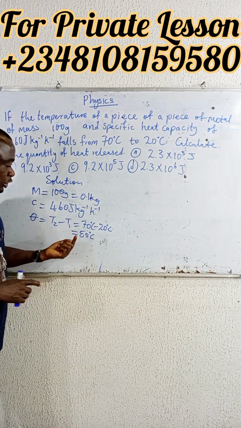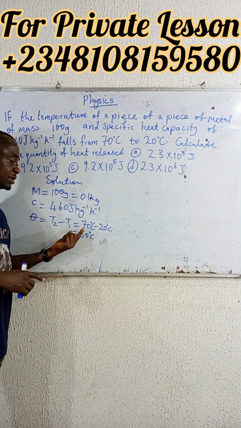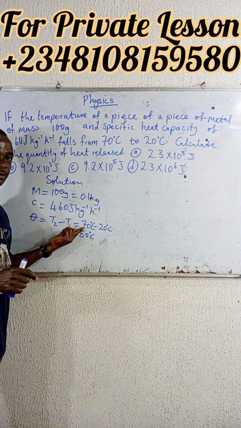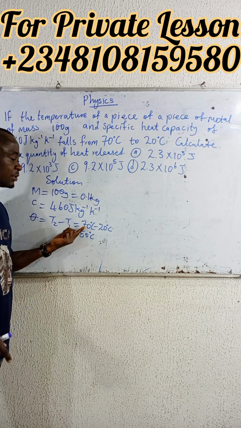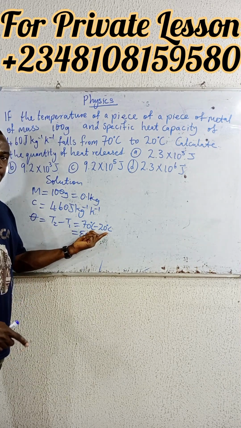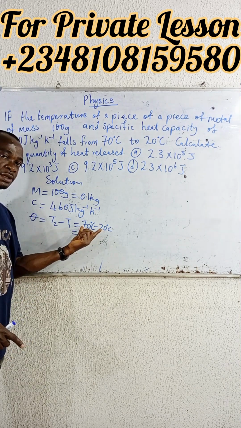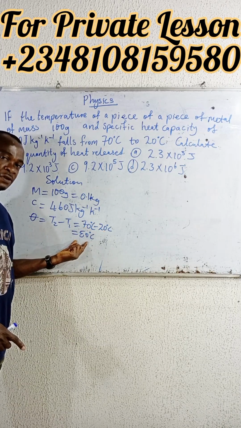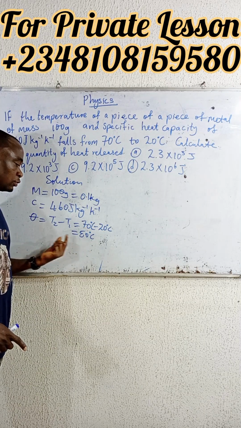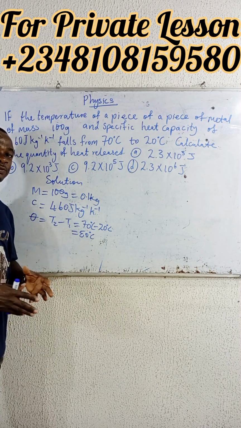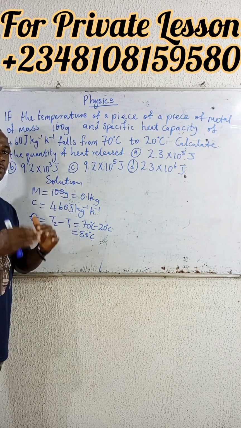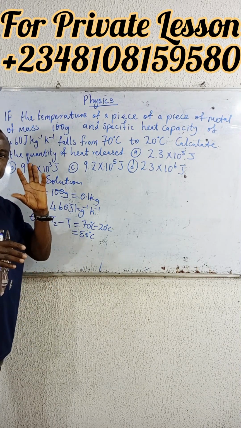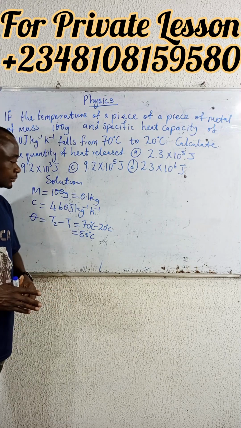If I want to change this one to Kelvin, I'll add 273, and I'll also do the same here. So if I find the difference between the two values of the temperature, I will still have 50. You understand? So once you are talking about temperature difference, the value for Celsius and Kelvin is the same.